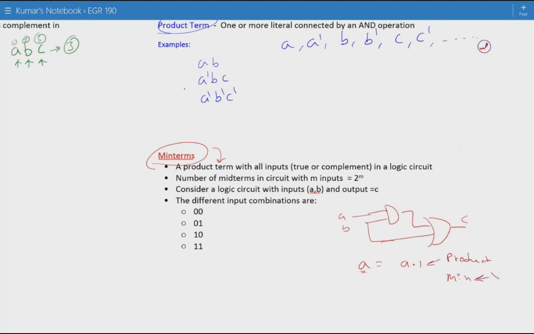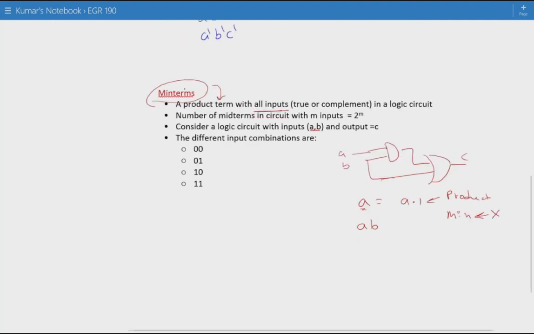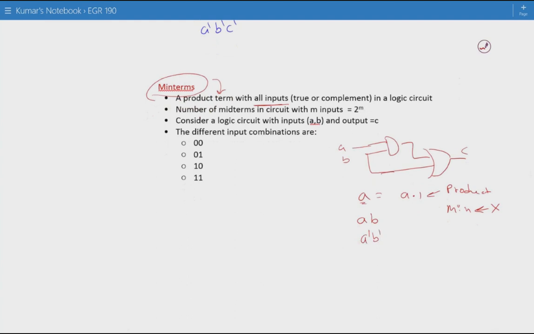The answer is no, because it is a product term, but it has to have all inputs. For example, when you have inputs A B, all the inputs, A B, that is a minterm. A bar B bar, that is a minterm. A B bar, that is a minterm.